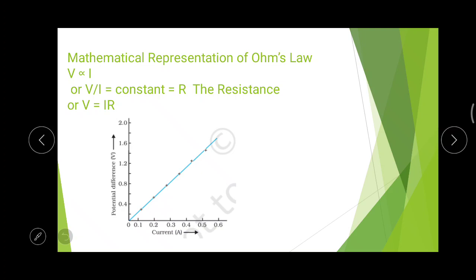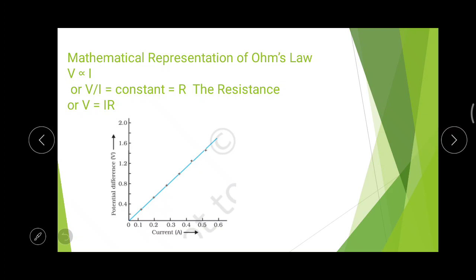That means if V is proportional to I, then V by I will be a constant value. Suppose you vary the V and I values, noting down the I for particular V values, and afterwards you take the ratio V by I, then all the V by I values will be a constant value. That is the experiment for Ohm's law.